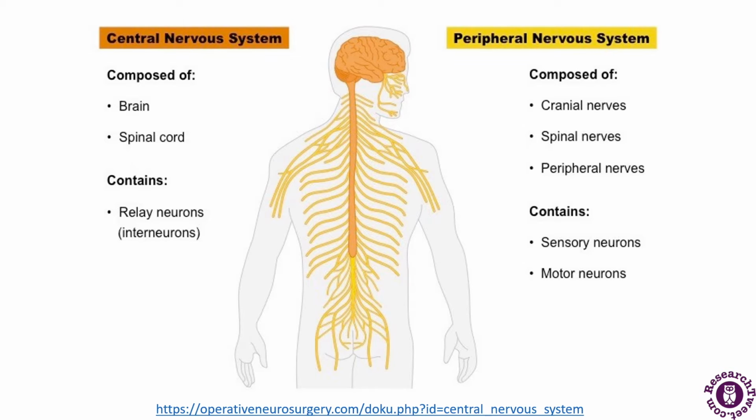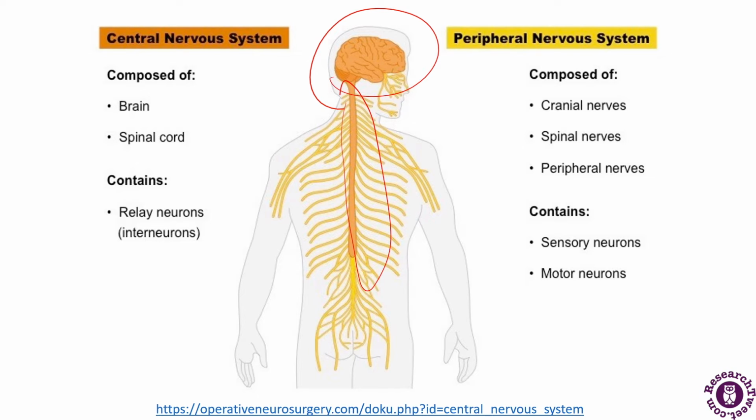Now, the nervous system is divided into two parts, the central nervous system and the peripheral nervous system. The central nervous system, which is our main focus here, is composed of two things: the brain, which is depicted here, and the spinal cord.